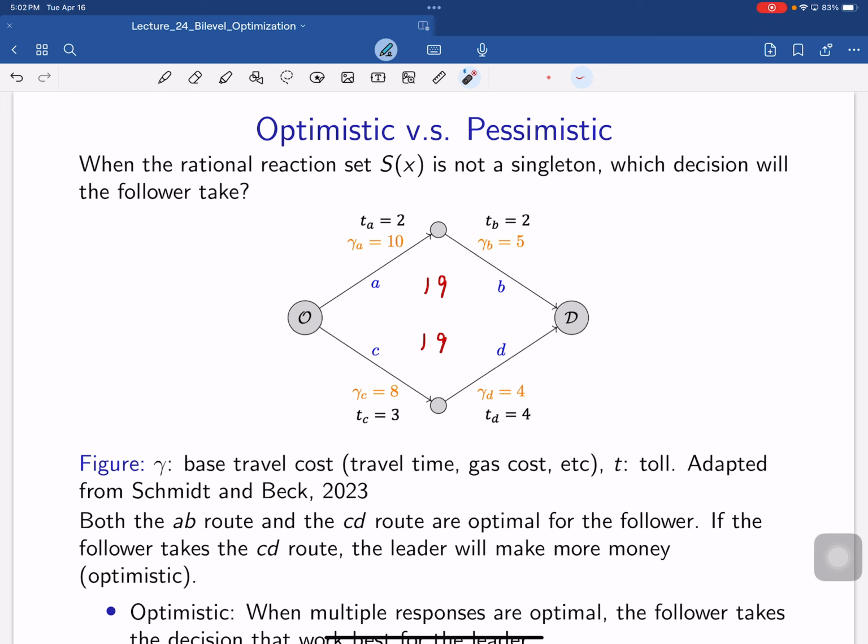So that's the distinction between so-called optimistic bilevel optimization and pessimistic bilevel optimization. By optimistic, we define that the follower will always make the decision that is best for the leader if these two solutions are equivalent. Here, if you travel through A and B or C and D, it's equivalent for the follower.